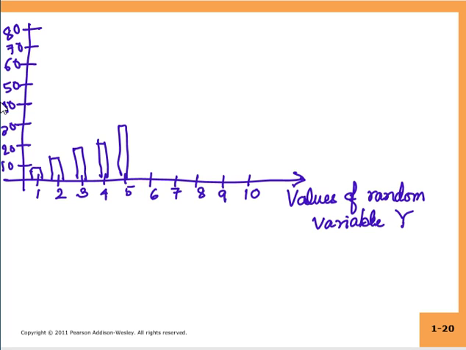So, this is 5, this is 10, 15, this is 20, this is 25, this is 30. So, how many are total over? 5 plus 15, 20 plus 20, 40 plus 25, 65 plus 30, 95.